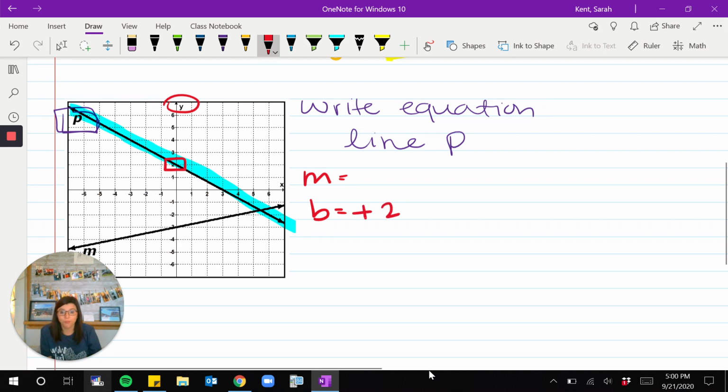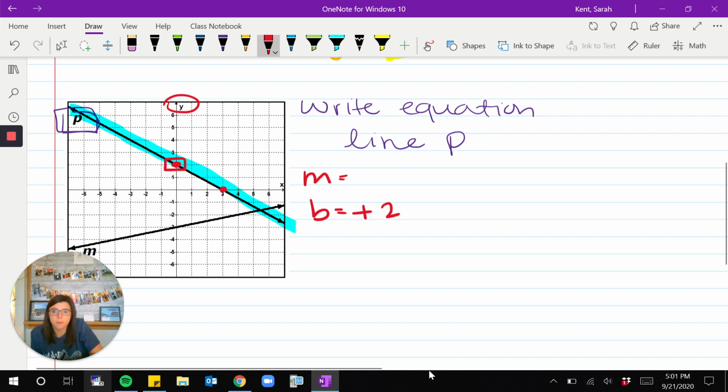The slope is a little bit more tricky. I'm going to look for some pretty points. This would be a pretty point right here. And then I want another place where this line crosses at an intersection. So if I keep going, here, not a T, not a T, not a T. Ooh, here's another pretty point, it crosses at that intersection.